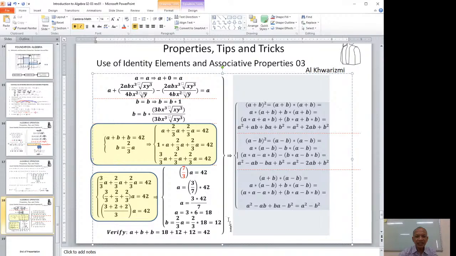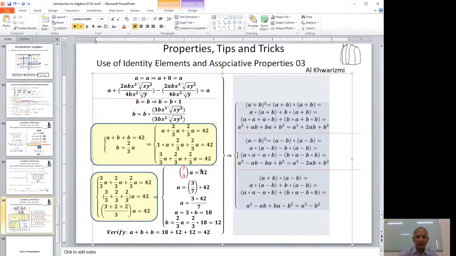So 7 over 3 times A equals 42. Here again we use our rule: move the fraction 7 over 3 to the right.